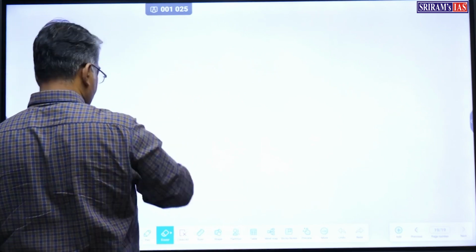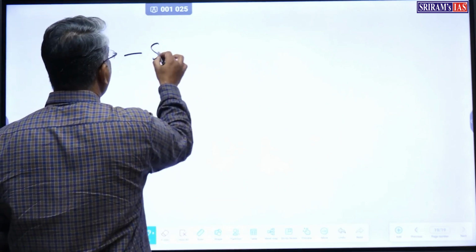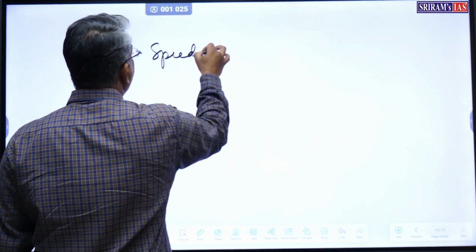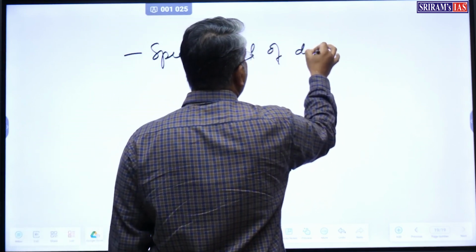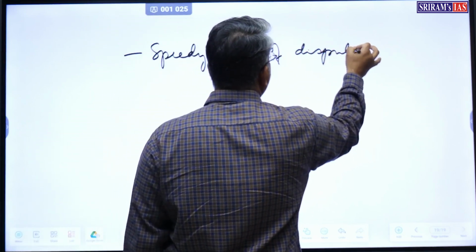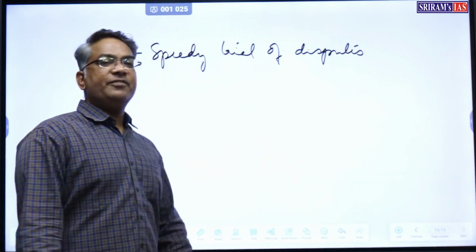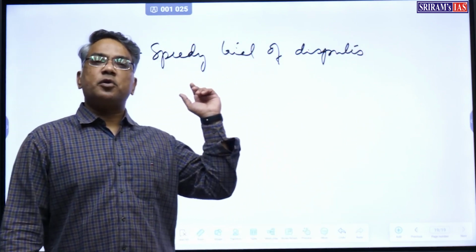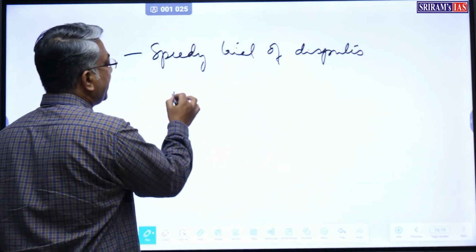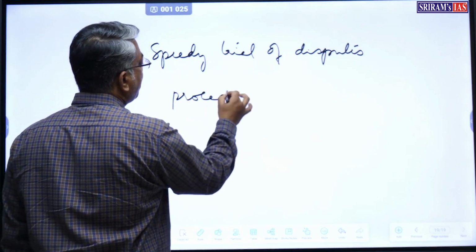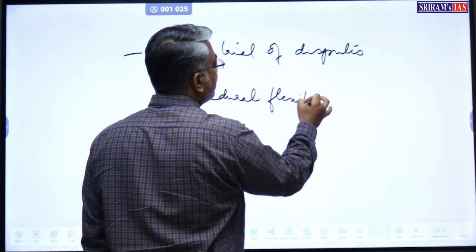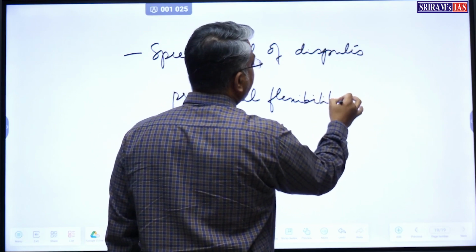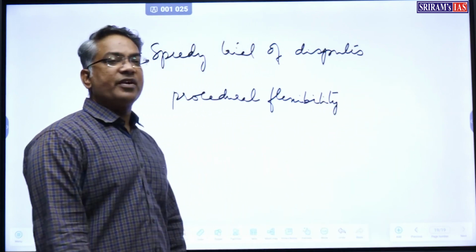Speedy trial of disputes. How is speedy trial of disputes carried out by Lok Adalats? The basic feature of Lok Adalats is procedural flexibility.